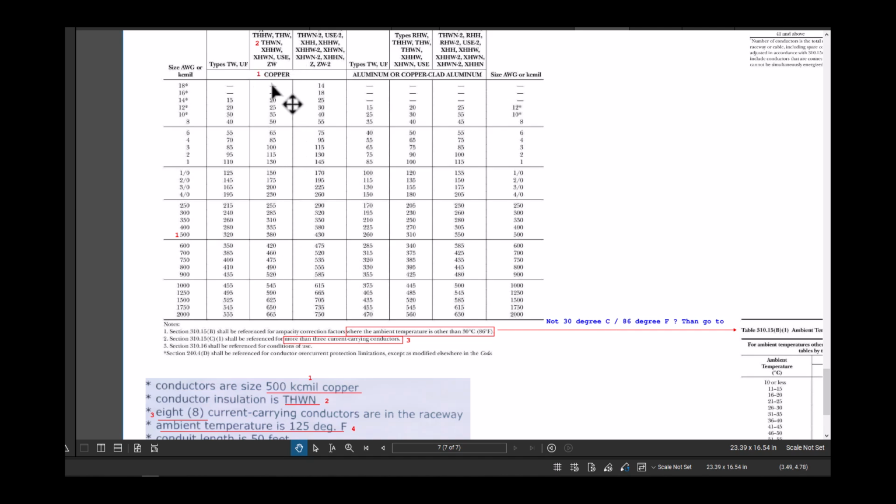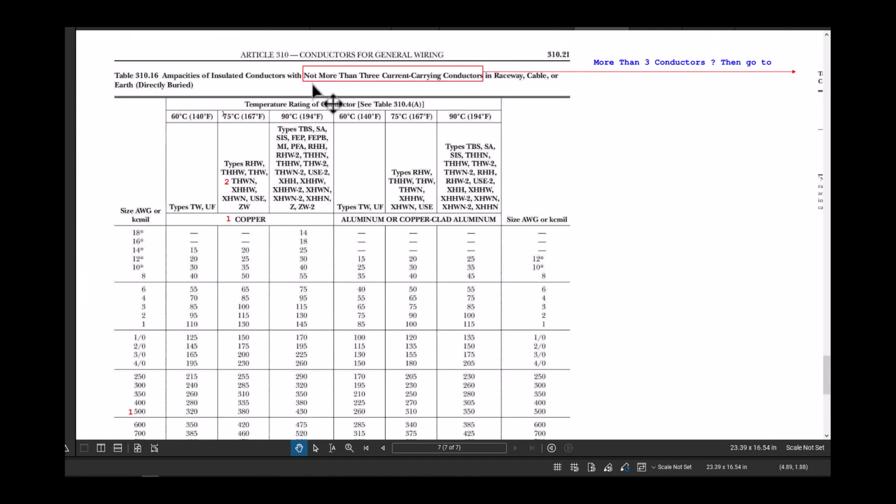Then we are specifically looking for this column and this area. Now, the question says 8 current carrying conductors are in the raceway. This table tells us not more than 3 current carrying conductors.